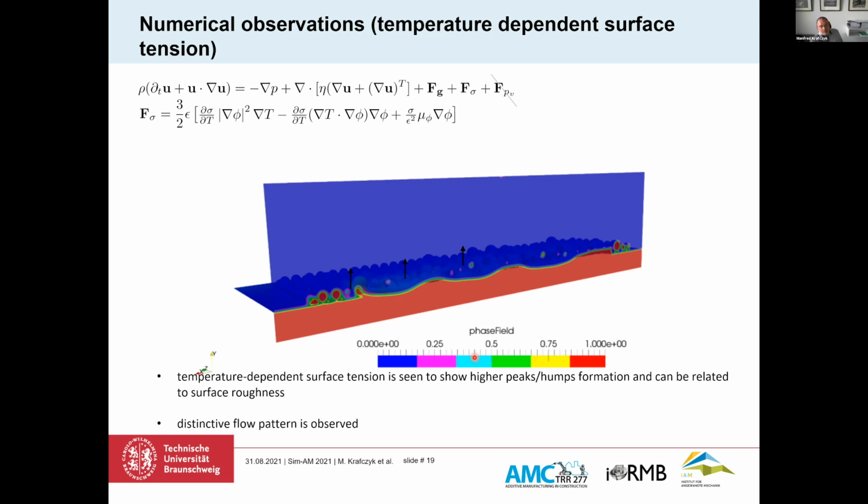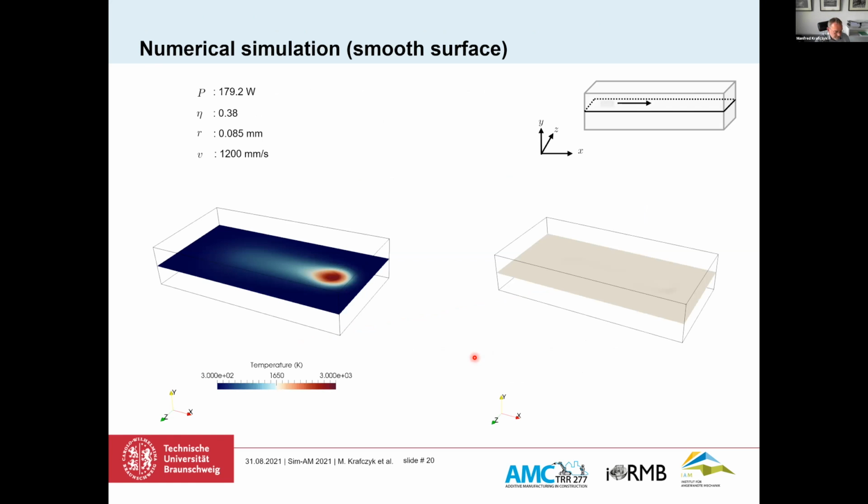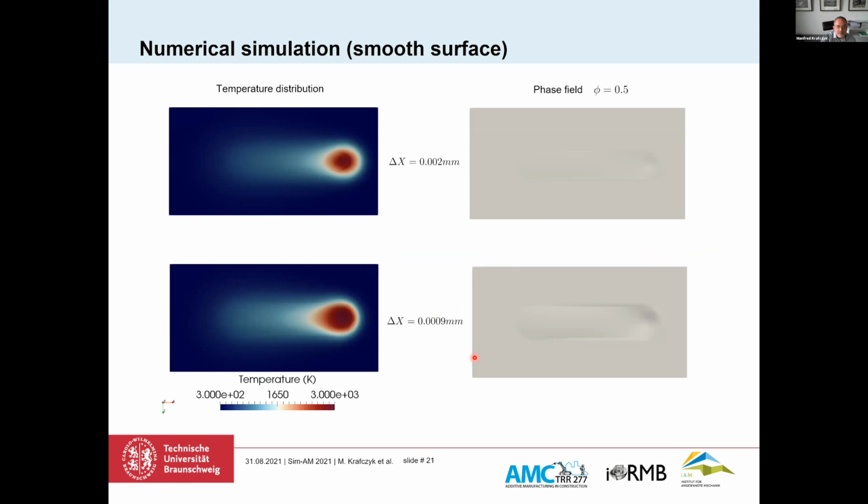Essentially, because time is limited, I would now just show you some decent results on small scales for flat surfaces. We have done initial studies of temperature distribution as a function of grid resolution. As you can see here from the phase field representation, this also gives slightly different results.